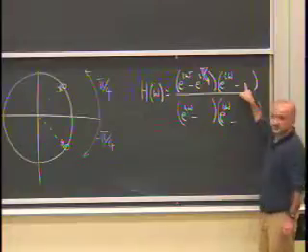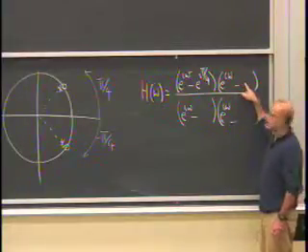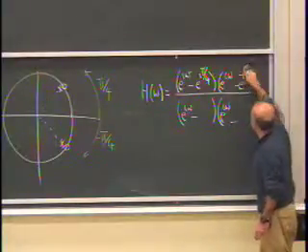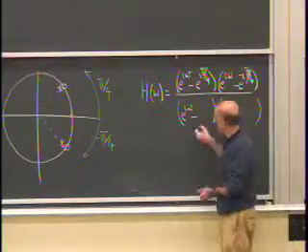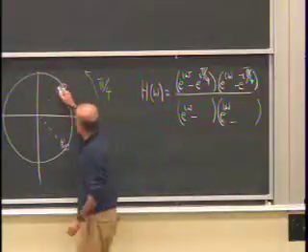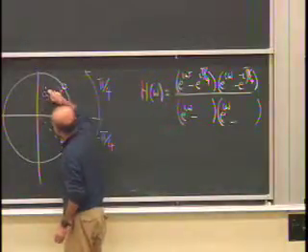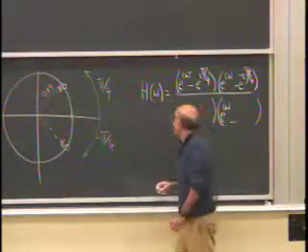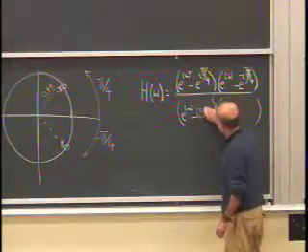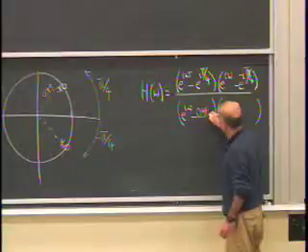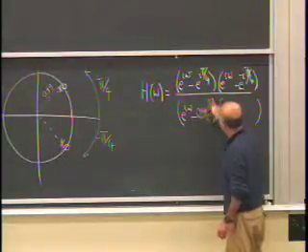And what goes here? E to the minus I pi over 4. And what goes here? Let's say this radius is 0.99 again. 0.99 e to the I pi over 4.